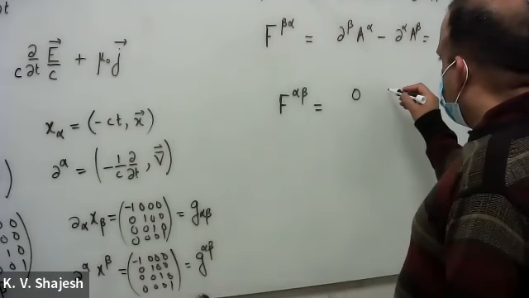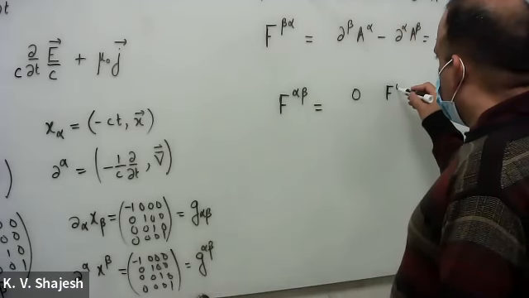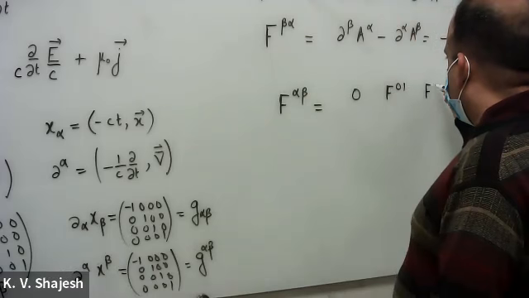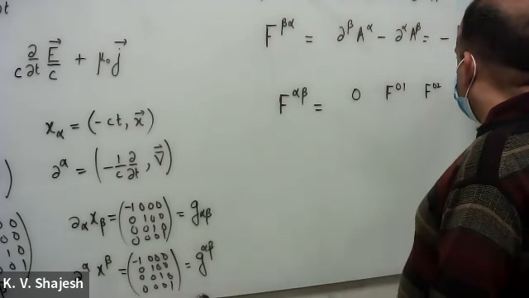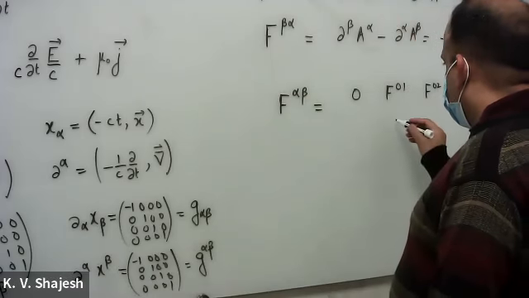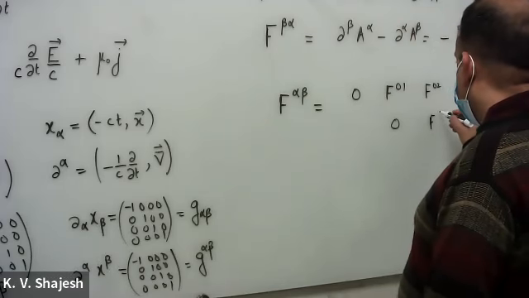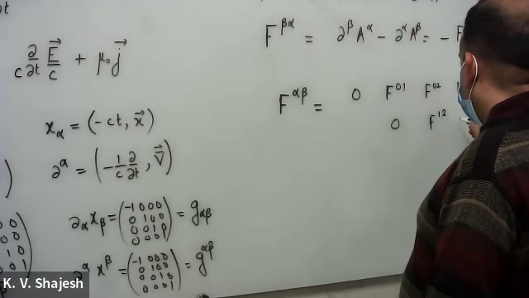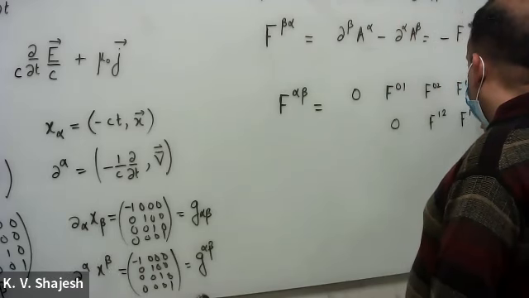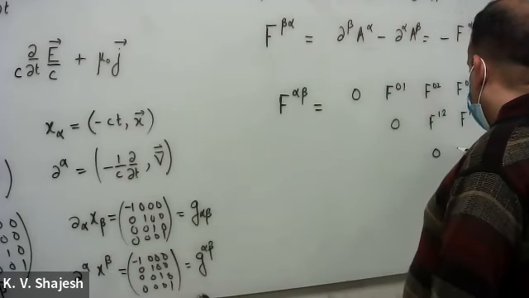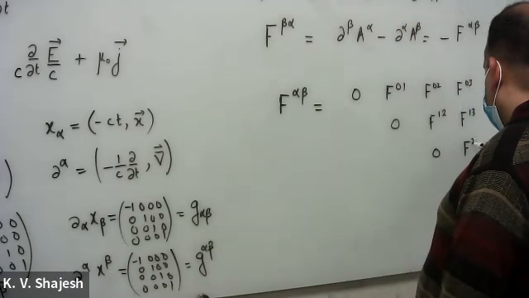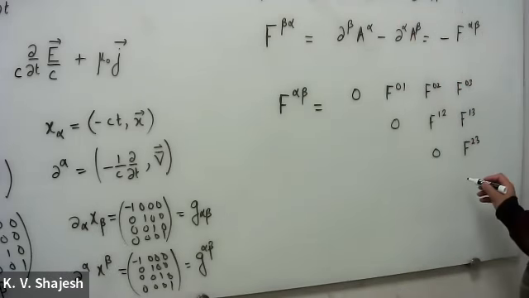Then we have F01, F02, F03, then 0, F12, F13, and then 0, F23, and then 0.